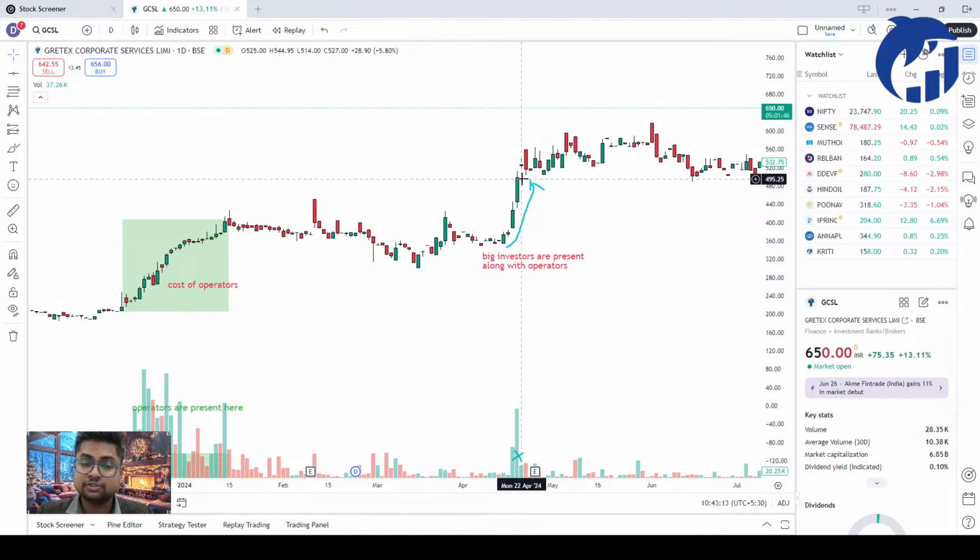If they have pushed the stock price to 500, we can still get profitable. The retailers can still be profitable by making 10 to 20% returns. If it reaches the 600 mark, we can still make a profit. How will we make the profit? Once the market sentiment is very positive, once we get the news about big investors entering the market, then we will have a very clear idea why it is increasing continuously.